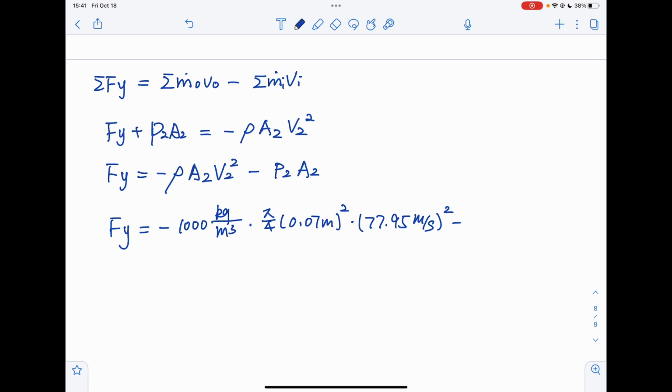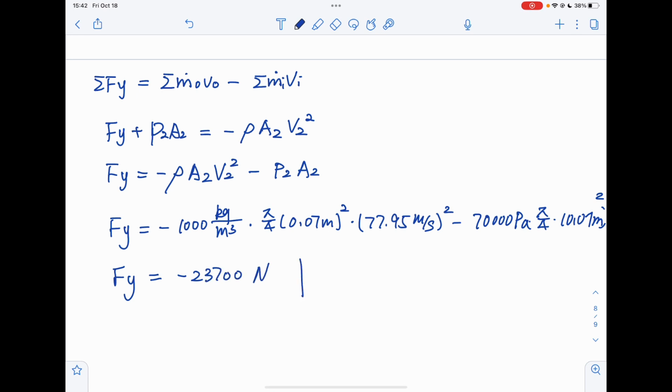The pressure is negative 70 kilopascal times the area, and Fy equals negative 23,700 Newton. So the direction is downward.